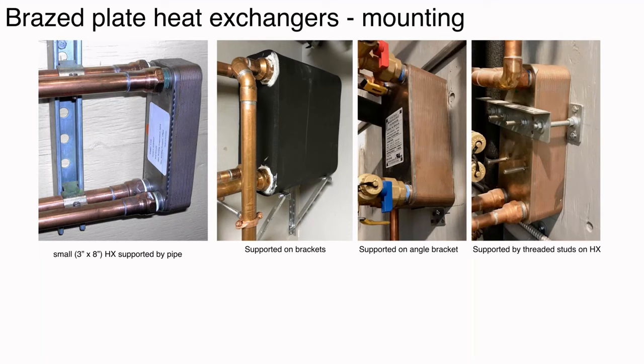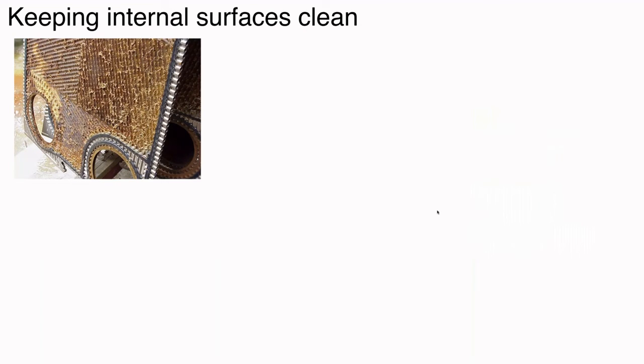So in this case, the installer just used some angle material, and some ready rod and some nuts and bolts and held it together. So that's a nice support. Those threaded studs are there so a heat exchanger like this could be mounted, for example, in a vehicle where it's subject to dynamic loads versus just in a heating system where it's just static loads.